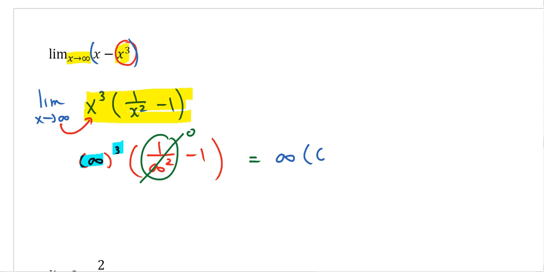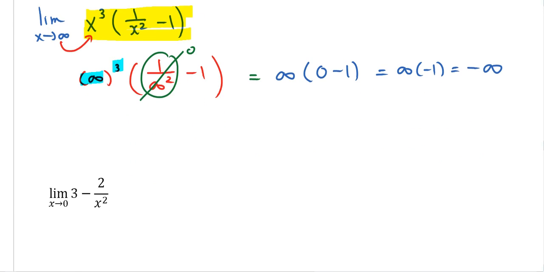Then I'm left with 0 minus 1, which is infinity times negative 1, which will be negative infinity. All right, so for this problem, the answer is negative infinity. The way you want to approach this question is to factor out the highest power of x, which I did, which is x to the power 3. Once you do that, it's just all algebra from there on. Okay, let's move on to the next one here.